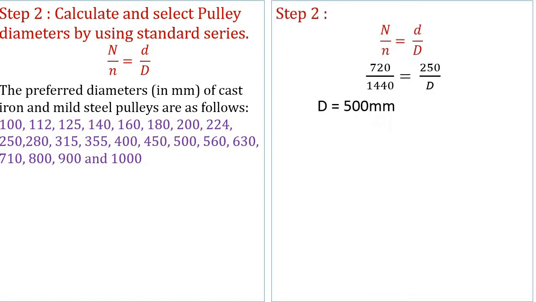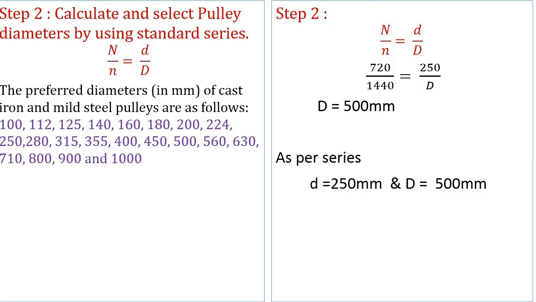Now in our problem, capital N is 720 rpm, small n is 1440 rpm, and small d is 250. So we'll get capital D equal to 500 mm.